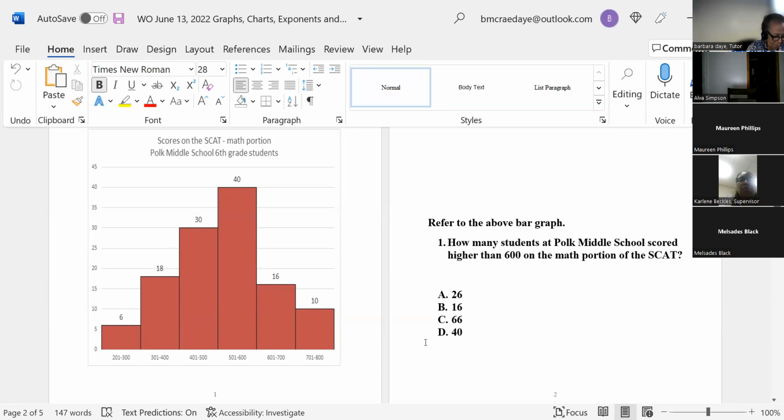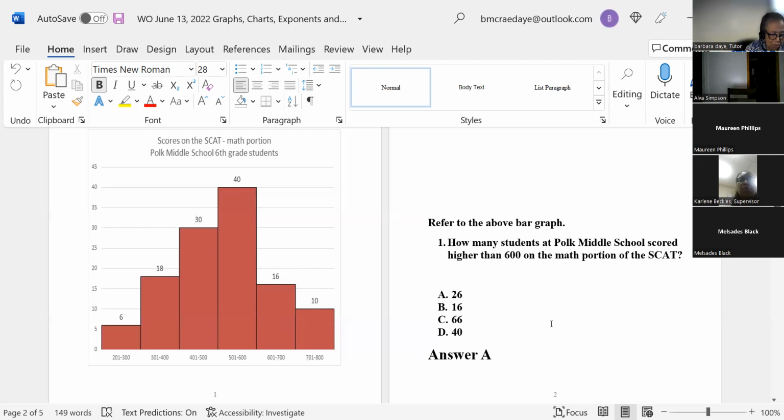I know I picked 6 because I didn't understand the bar graph. Right, you're not the only one who did that. That's why I wanted to go through it to make sure you understand. I did it wrong too, but then I corrected it. All right, so greater than 600, you see 2 bars represent greater than 600. 601 to 700, 16 students scored in that range. 10 students scored within 701 to 800.